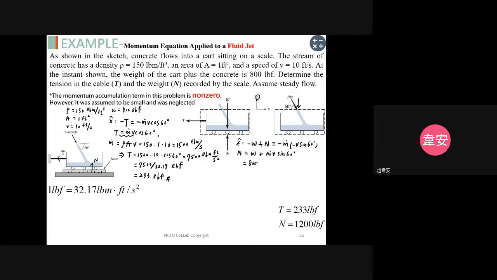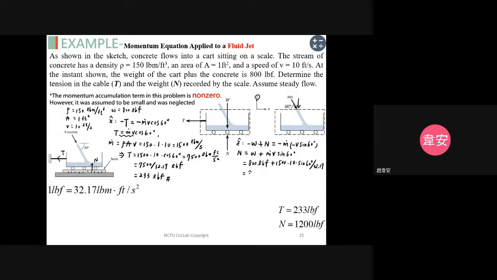We know W is the total weight of the car plus the concrete, 800 pound force, and we need to add the mass rate, 1500, multiplied by the 10 feet per second velocity and multiplied by sine 60 degrees, and divided by 32.17 to convert the unit to pound force.